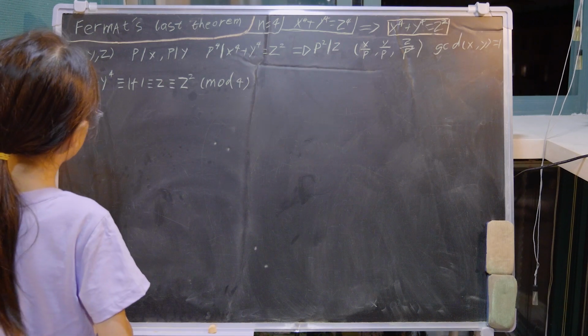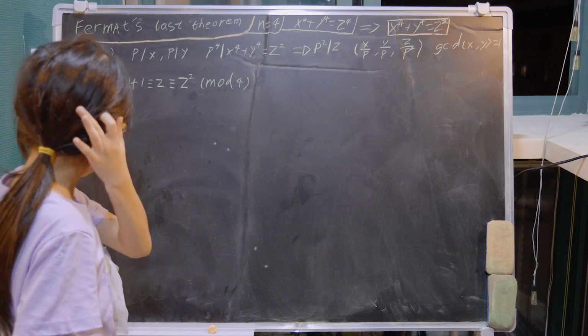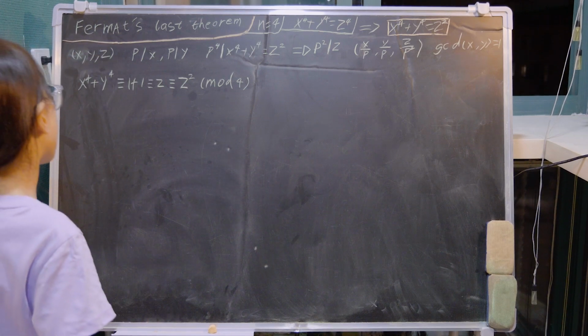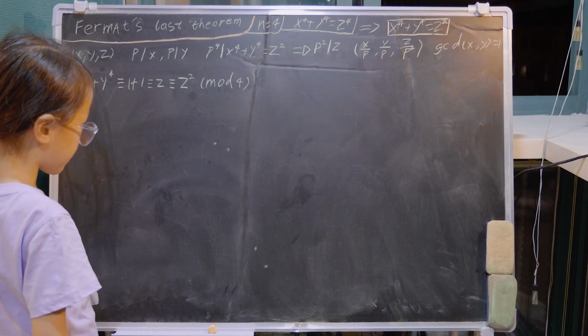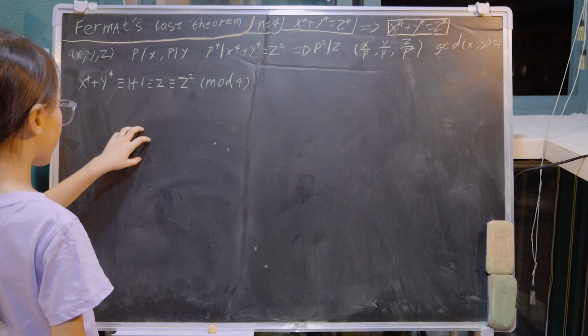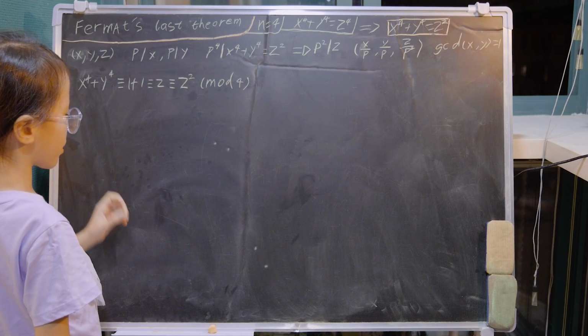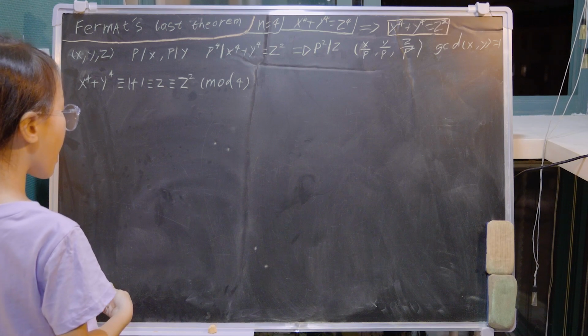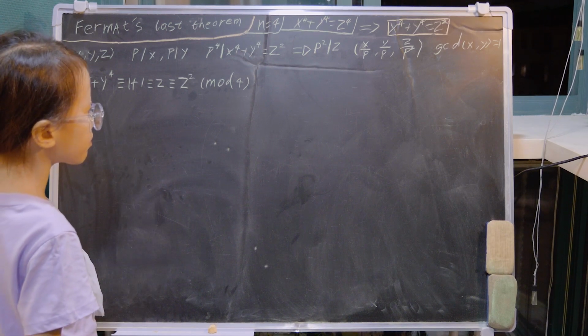Now, z to the 2 is a perfect square, and we know a perfect square that's the square of an even number should be congruent to 0 mod 4. If it's the square of an odd number, it should be congruent to 1 mod 4.